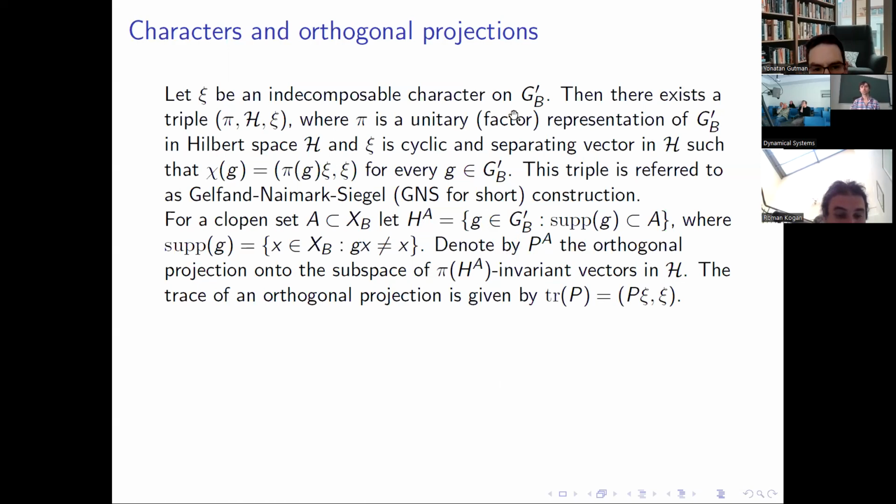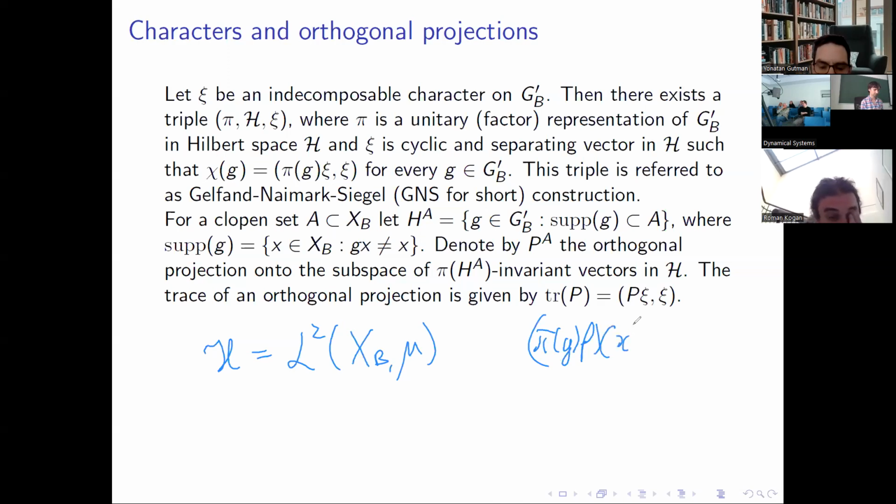To explain this, let me give a simple illustration. If we consider, for simplicity, H equal to L2 of (X, mu), then G acts by shifts. We obtain a representation by shifts, called the Koopman representation.